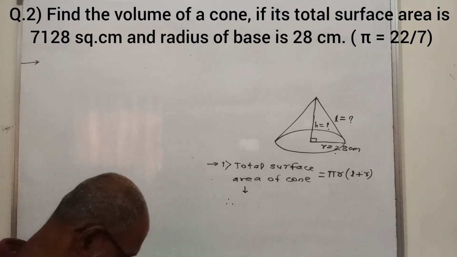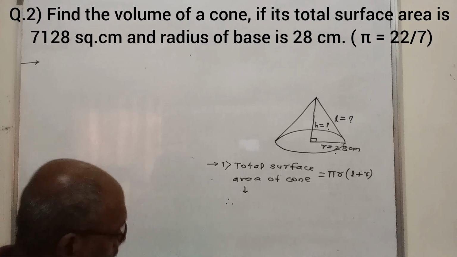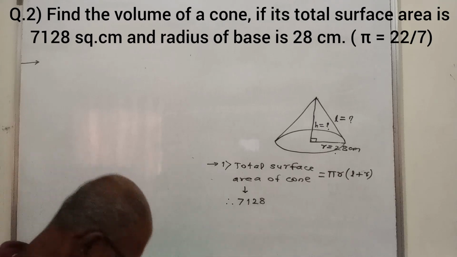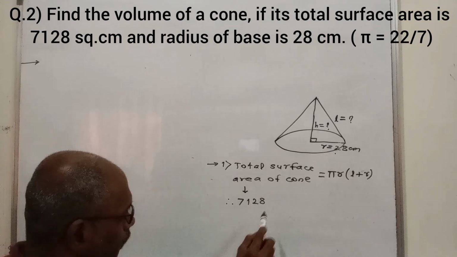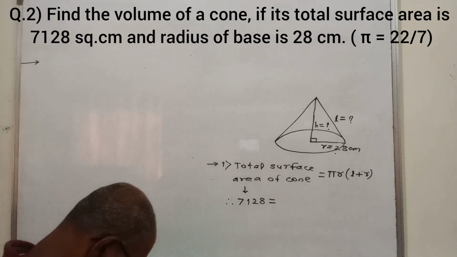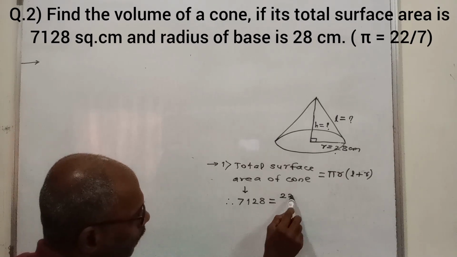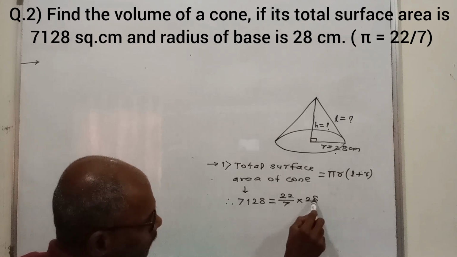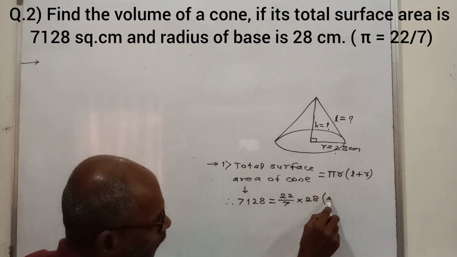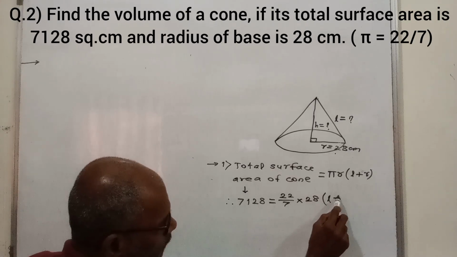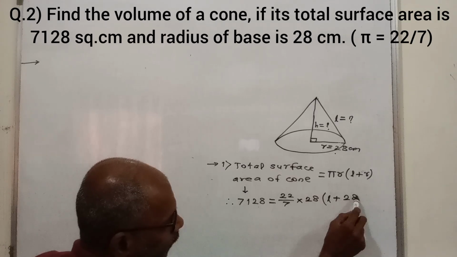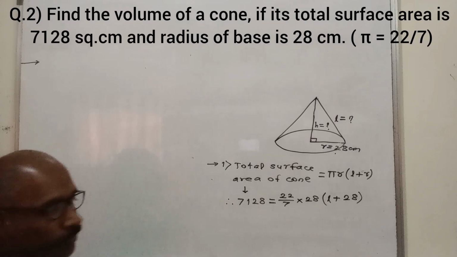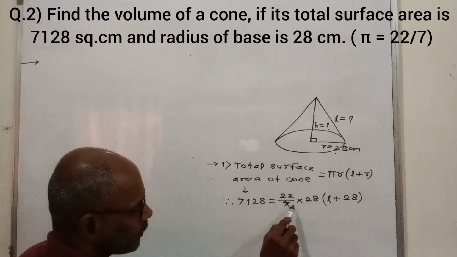Therefore, what is total surface area? 7128 square centimeter is equal to value of pi, 22 upon 7, into radius 28, into bracket l plus 28.